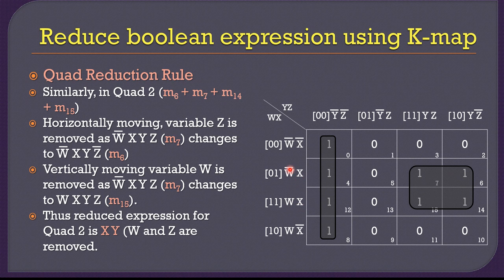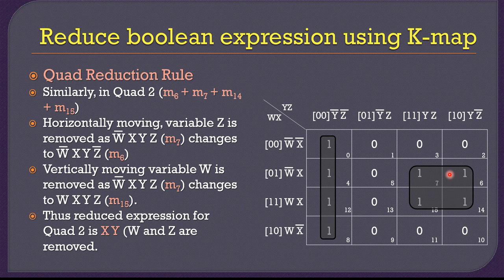Now w' changes its state to w, so you can remove w here, and x does not change its state, so you can keep x. You also have to see the top columns, the third column yz and the fourth column yz'. Here y does not change its state, but z changes state from z to z', so you have to remove z and keep y.